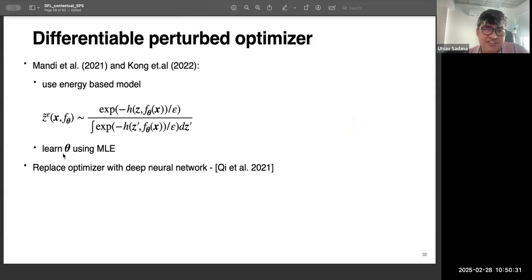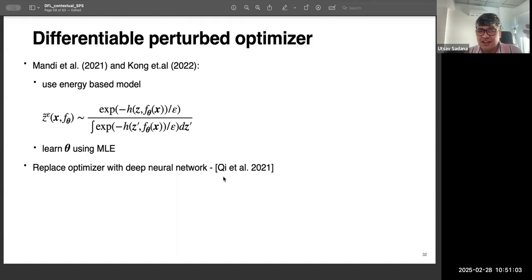You can do something more general. You can say that the noise is Gumbel, then you will get a distribution of Z of epsilon, the averaged Z epsilon, which is given here. And now you can learn the optimal theta using maximum likelihood estimation. In fact, in Monkey's paper, she replaces this whole optimizer itself, this zx of theta, with a neural network.